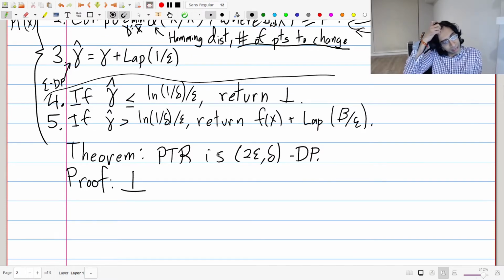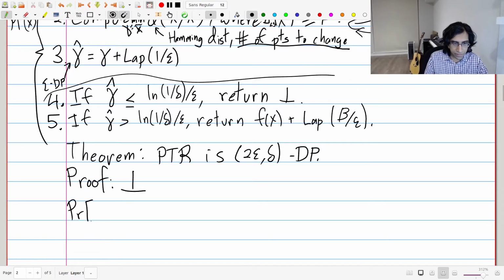We're going to see the probability that gamma, after being privatized, passes this threshold or not on neighboring databases. And since the sensitivity of the statistic is 1, and we add Laplace 1 over epsilon noise, it's not too hard to see, just by looking at the PDF of the Laplace distribution, that the probabilities will be related in the usual way.